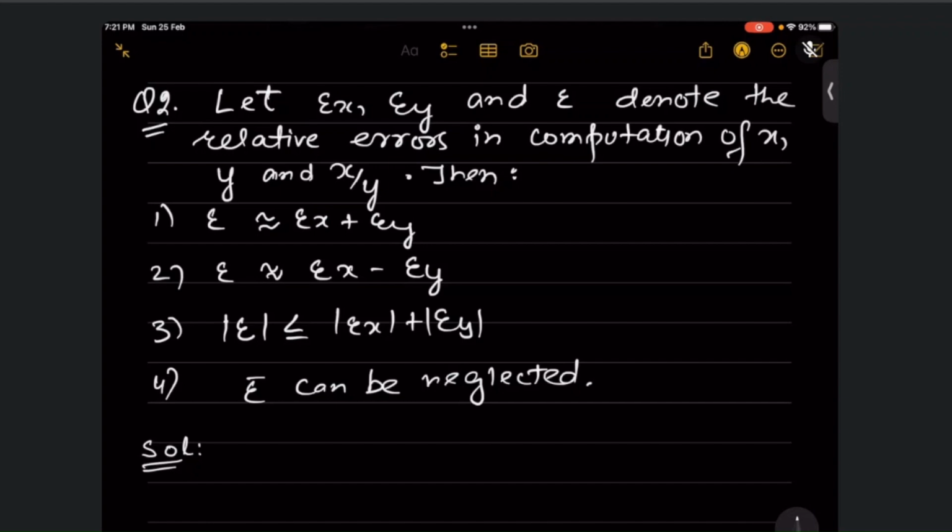So any clue how we will approach this question? Similarly as we did in the previous question, right?